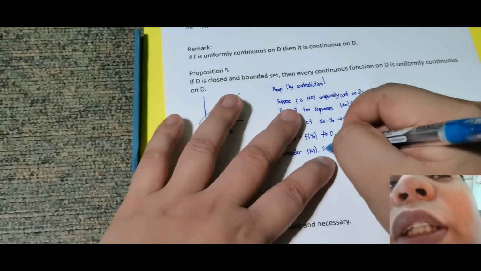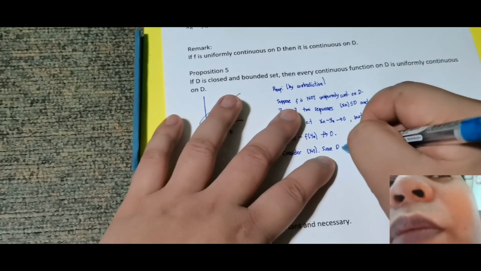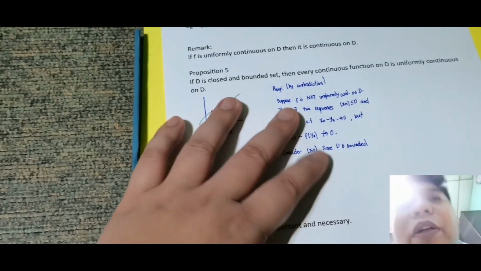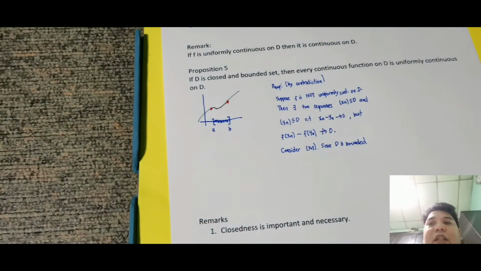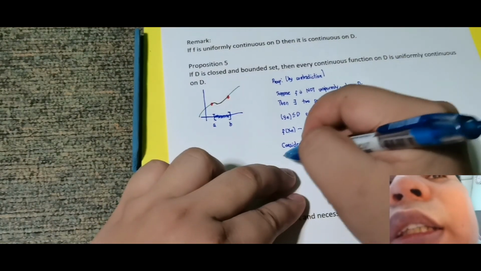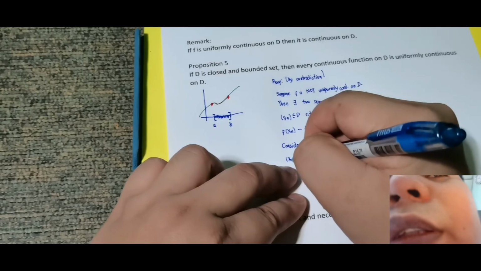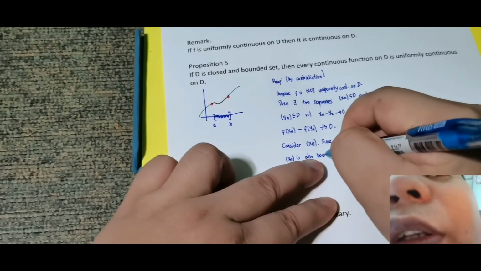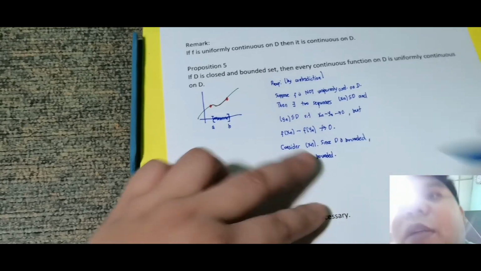Ngayon, since D is bounded, aware naman kayo, D is closed and bounded. Since D is bounded, x sub n is also bounded. Ngayon, since bounded si x sub n, anong sabi ni Bolzano?